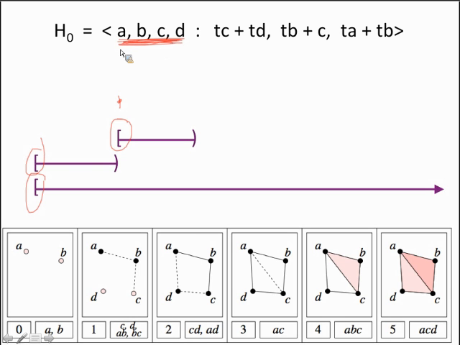So let's take a look at our generators and see how we can represent our starting points using this algebra notation. Basically, I can represent the element A using polynomials with coefficients in Z mod 2.